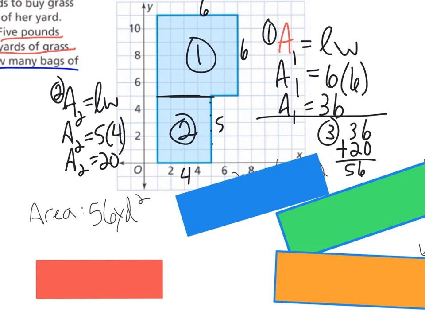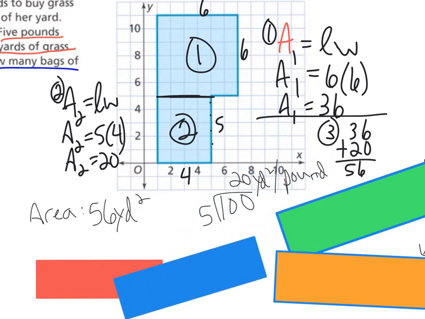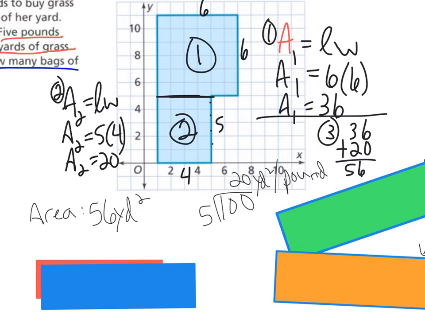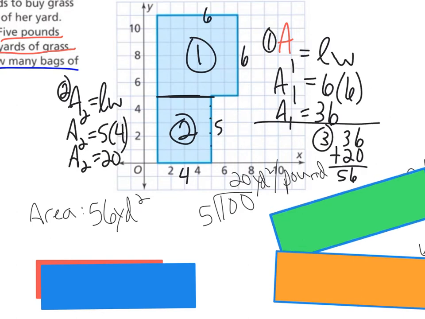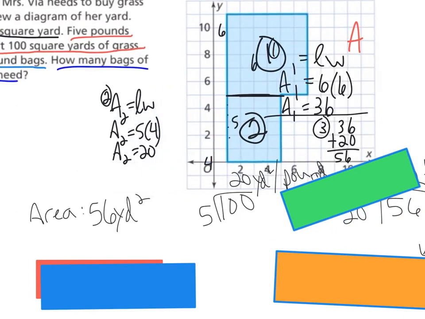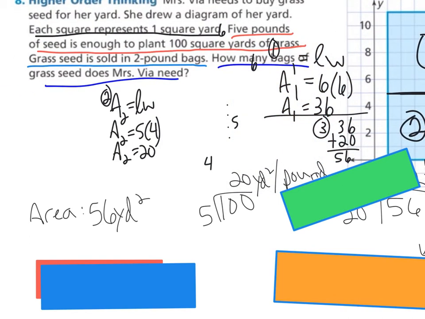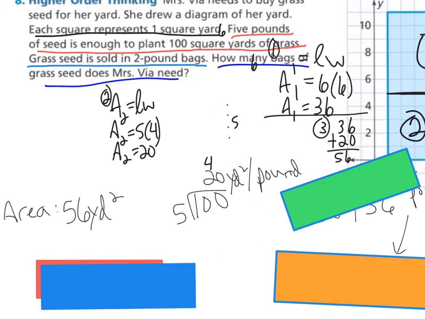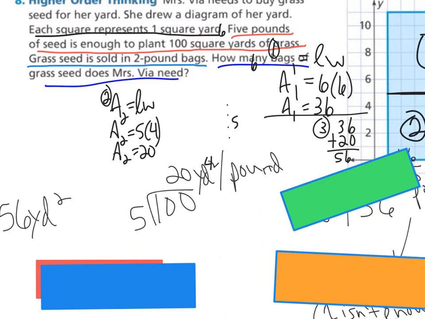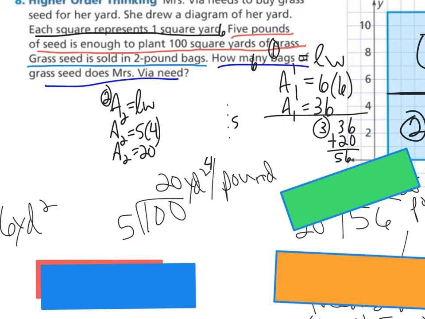Once we find the area, one way of doing this, we could take 100 divided by 5. 5 pounds is enough for 100 square yards, so if you divide that out, that'll tell you that you can get 20 square yards for every pound of grass seed.